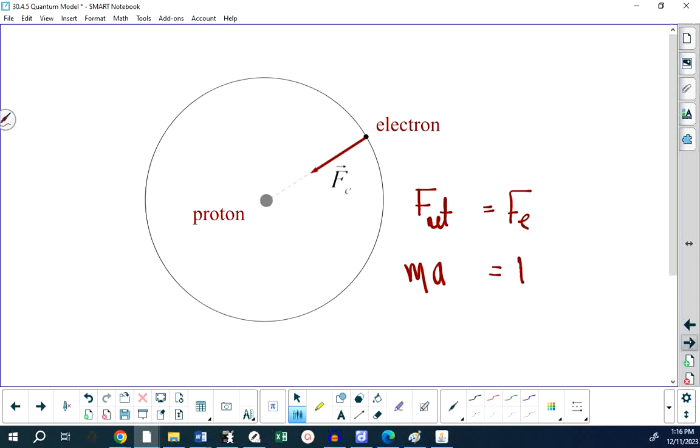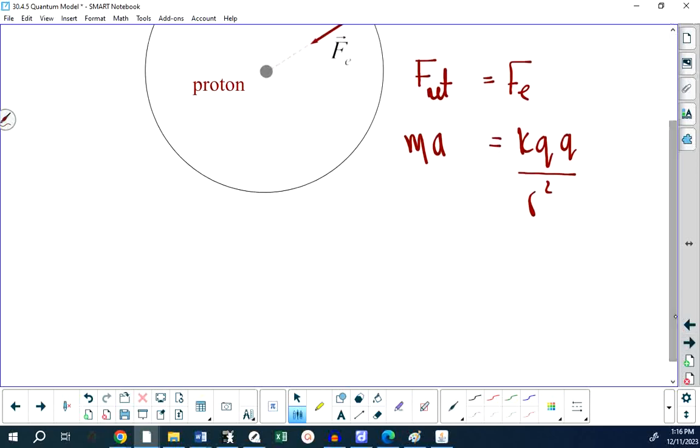This becomes k q q over r squared, where q1 is the charge of an electron and q2 is the charge of a proton. And of course, this is a centripetal acceleration. And I'm not going to write a subscript, but that mass is the mass of the electron because it's the thing accelerating.